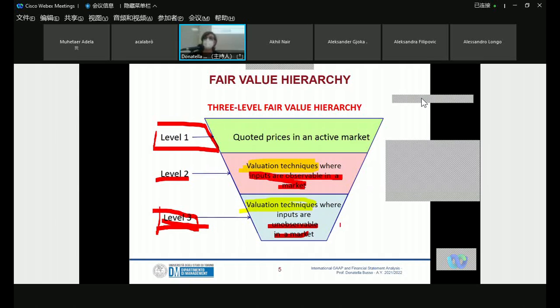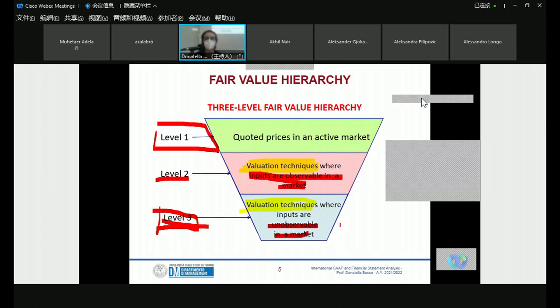And this means that if company A makes this estimate, maybe the result is different compared to the estimate made by company B. Is this clear for everybody?